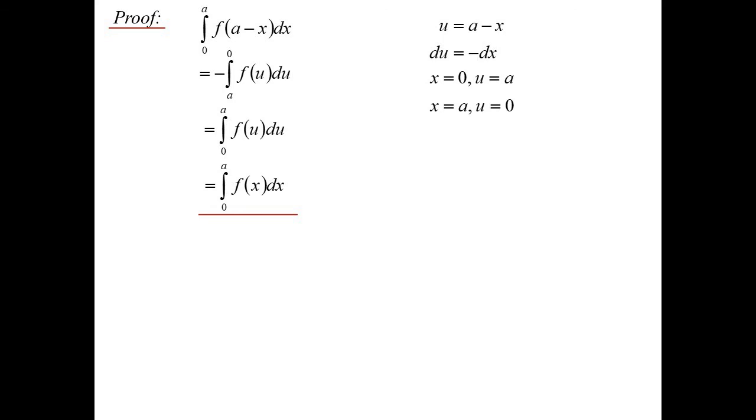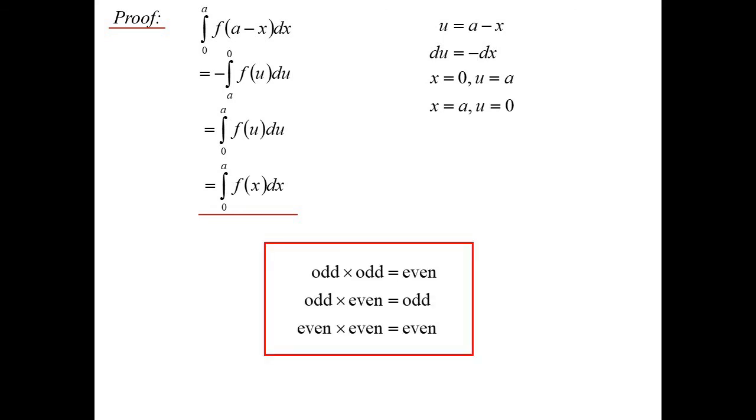Another thing to keep in mind when we're playing with symmetry: remember if it's the same type of function when you multiply them together, then they become even functions. But if they're different types, so one's odd, one's even, then we end up with an odd function overall. So we get something like sine cubed. Now we could waste a lot of time here and use our technique for integrating sine cubed.